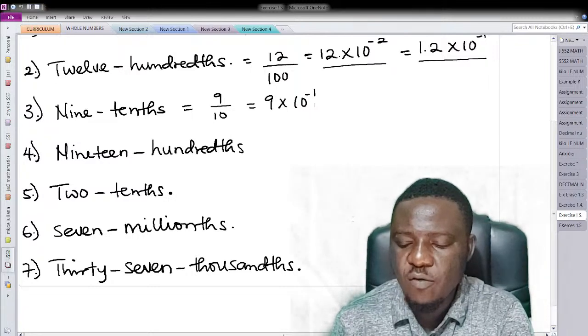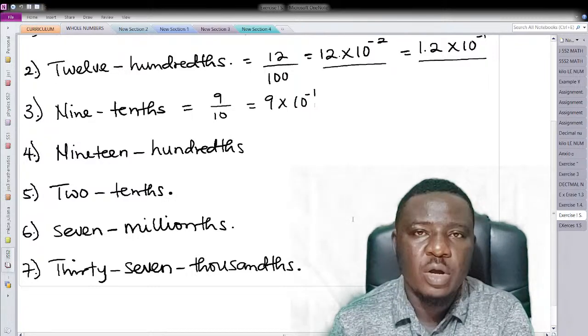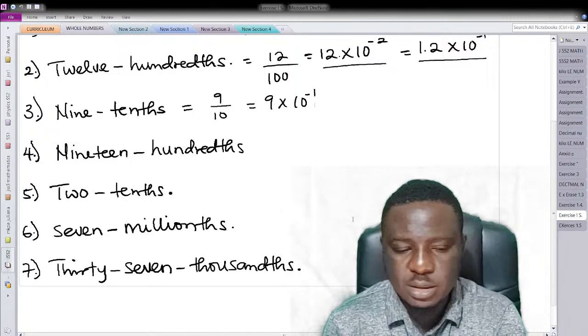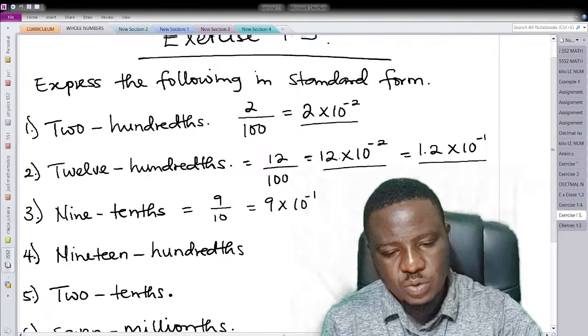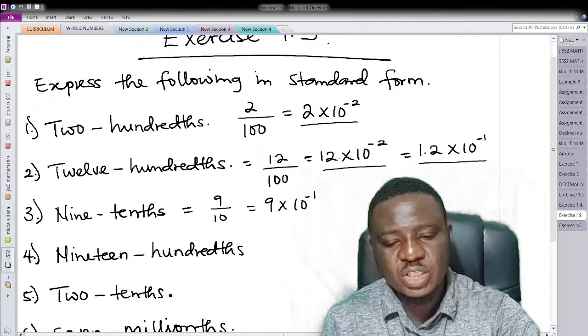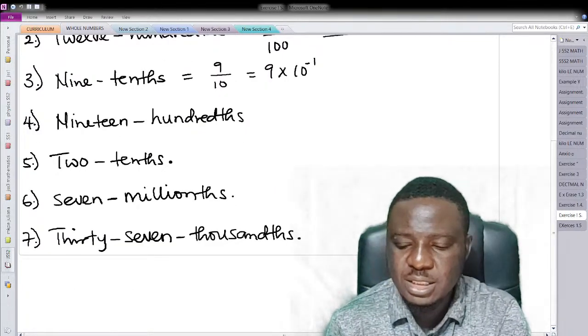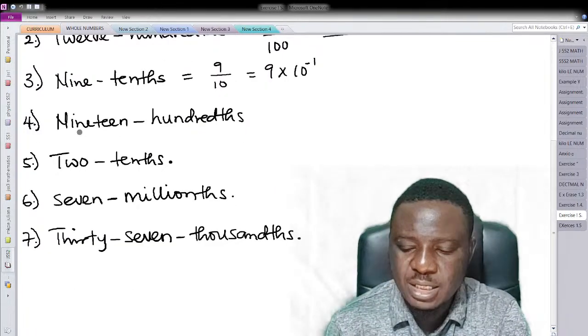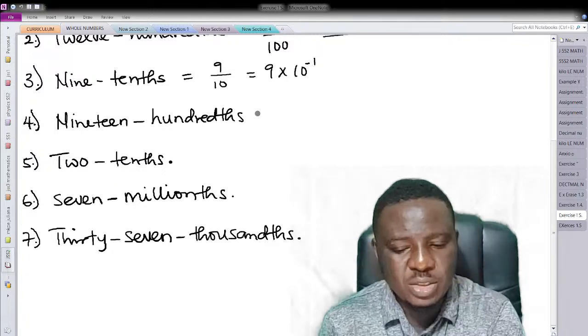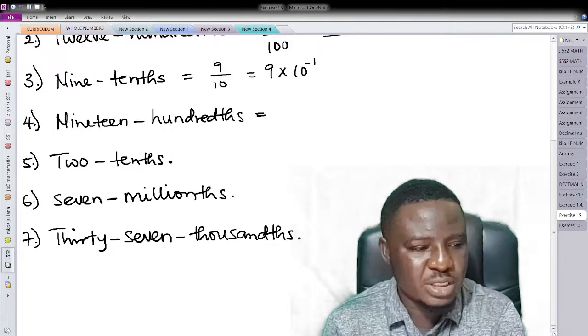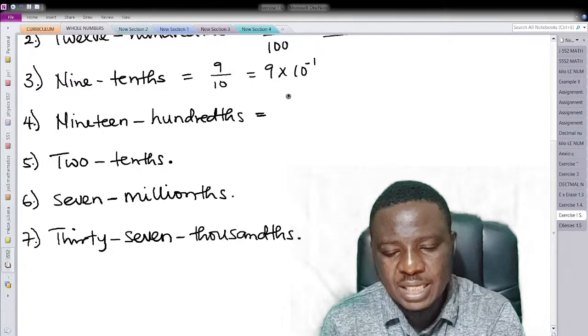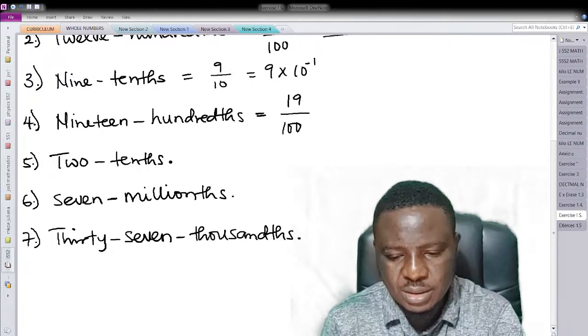So question number 4. We are asked to express in standard form, right? 1900. So 1900 is expressed as 19 divided by 100, right?